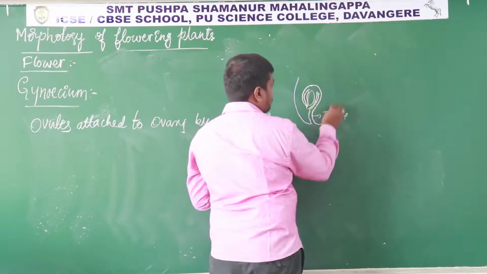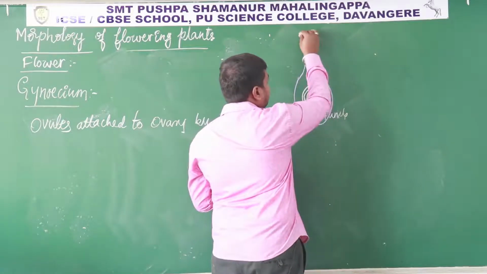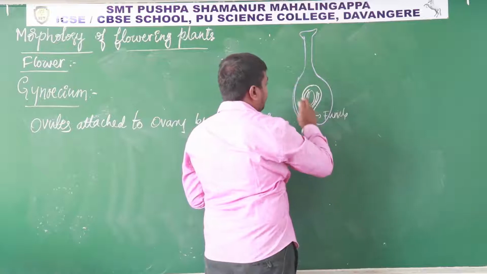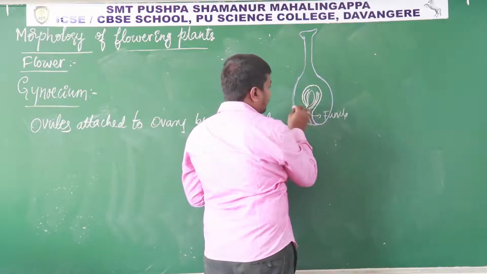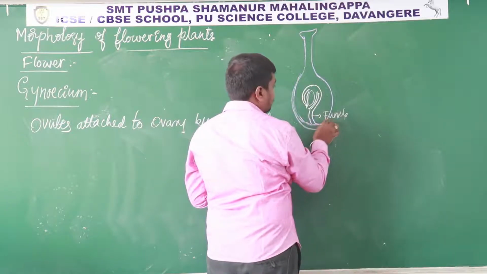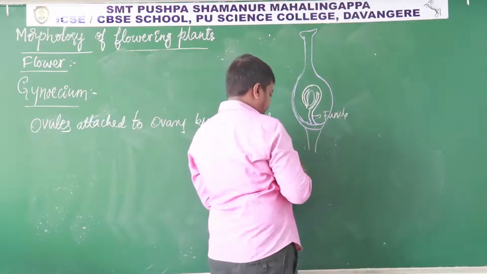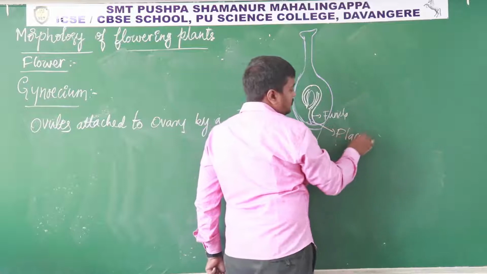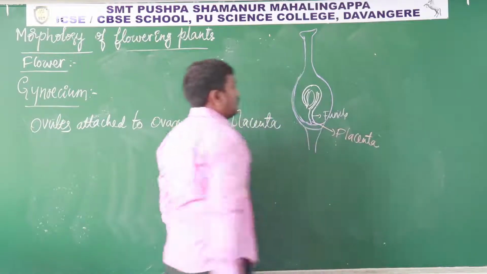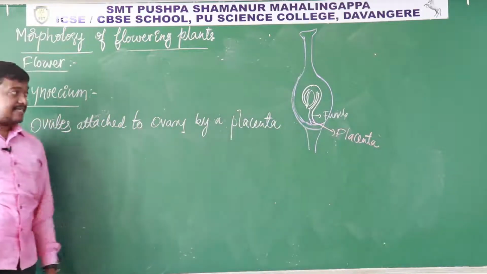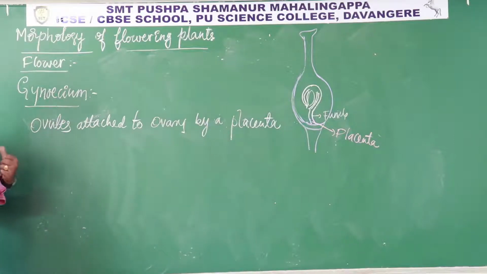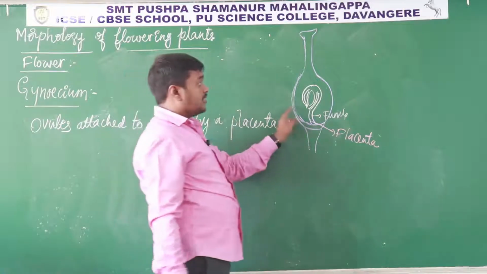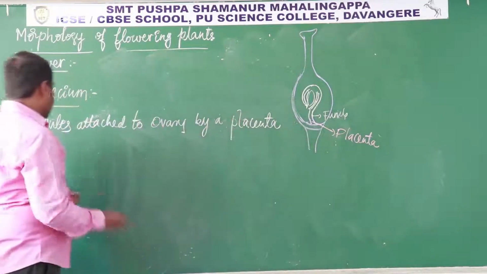Suppose this is the ovary. If we consider a single ovule, it is attached to the ovary like this, at the base of the ovary. Okay, and this is called placenta. Okay, so with the help of placenta, the ovule is attached to the ovary. Okay, such arrangement of ovules in the ovary is called placentation.